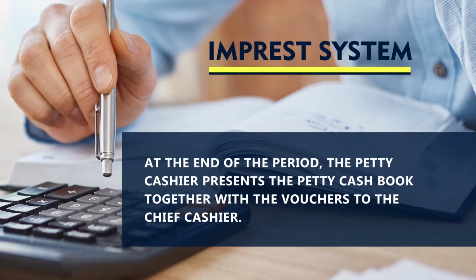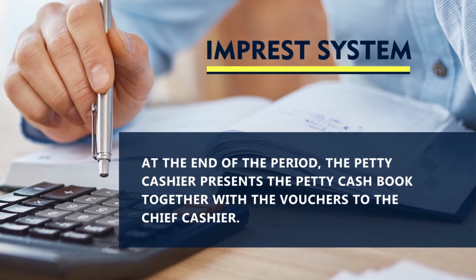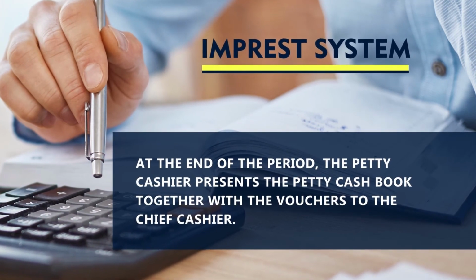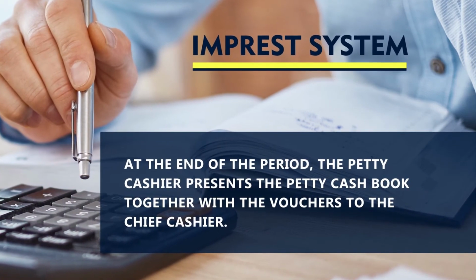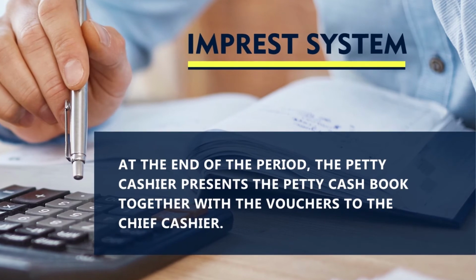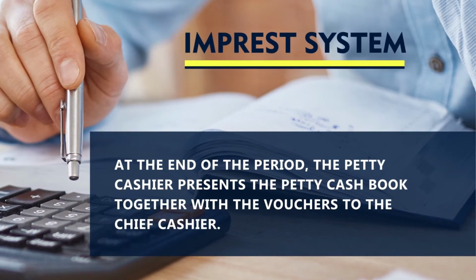At the end of the period, the petty cashier presents the petty cash book. Say, if the petty cash book has been maintained for making the small payments for every month, then after every month the expenses incurred by the petty cashier are recorded in the petty cash book, and this petty cash book is presented before the chief cashier.